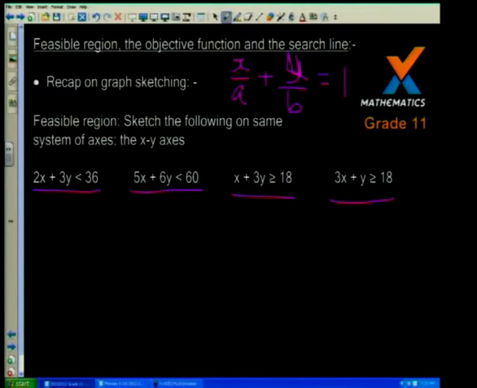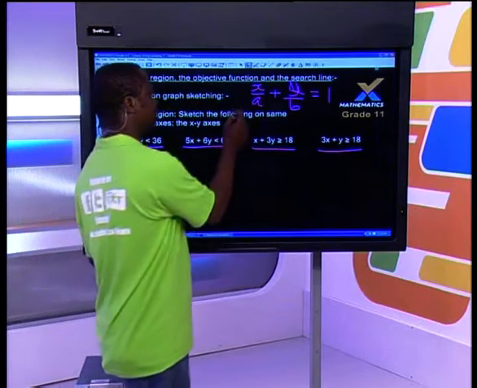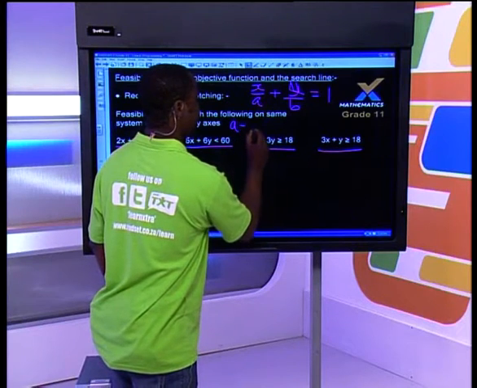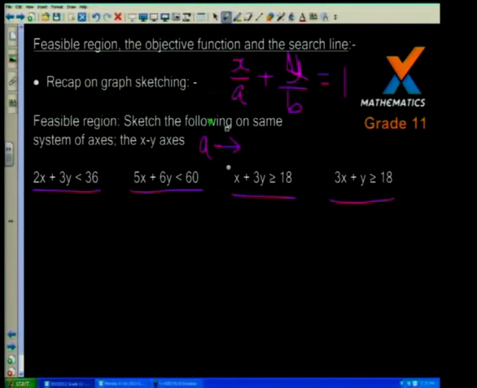So if you have it in this form, which I've given these constraints in, how do you then turn it to that form? Because the beauty of this form is that the a stands for your x-intercept, and the b will tell you immediately what's your y-intercept. This is another way of doing it. So if I have this equation, for instance, I want the right-hand side to be equal to 1.